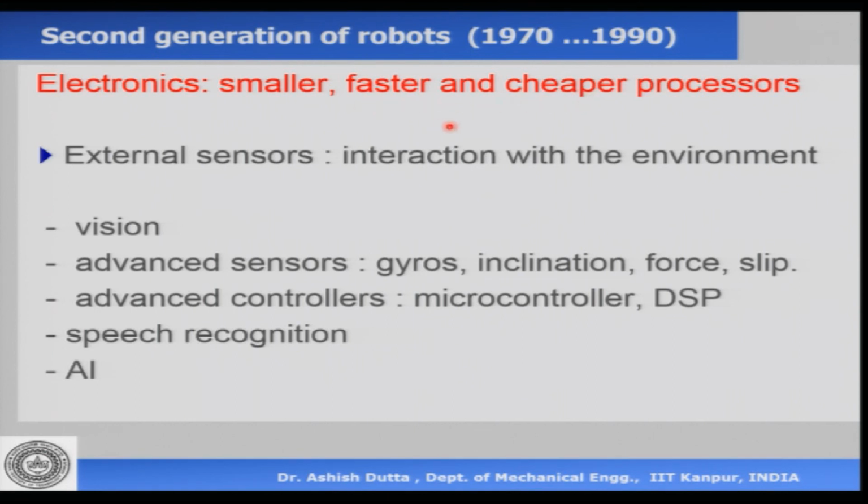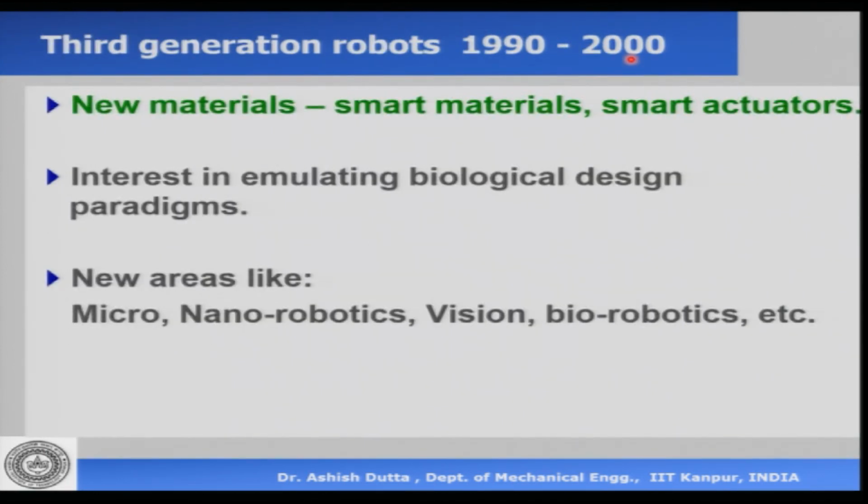And this enabled the creation of external sensors such as vision cameras, advanced sensors like gyros, inclination sensors, force torque sensors, advanced controllers like microcontrollers, DSP. Then we had areas of speech recognition, then AI. All these topics came up about the 1970s, essentially because electronics became smaller, faster, and cheaper. And this continued to about the 1990s. So this is the second revolution of robotics. The third revolution, or the third generation, is essentially because of new materials.